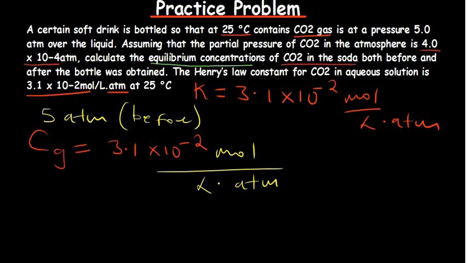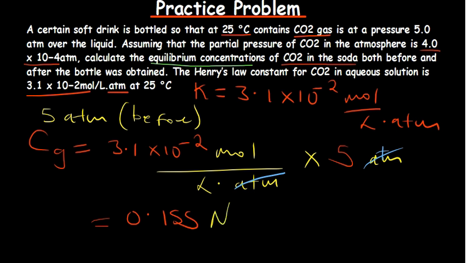So if we multiply by the pressure, you notice that the atm will go away, and you only remain with moles per liter, which is a concentration. So 3.1 multiplied by 5, times 10 to the power negative 2, we get 0.155 molar concentration. Take note of that value before opening.